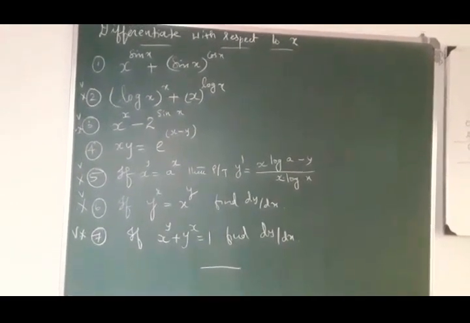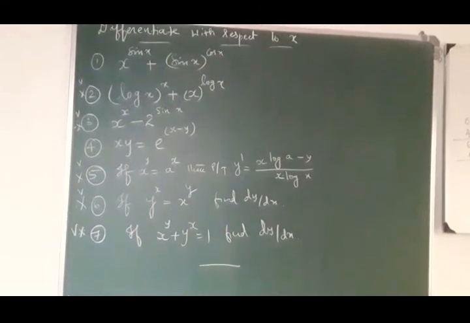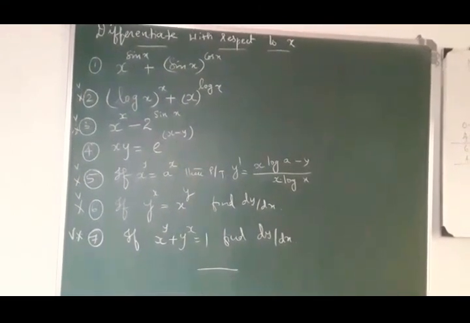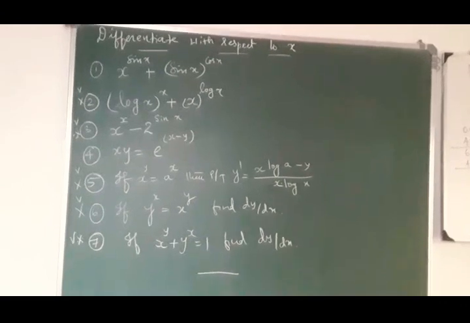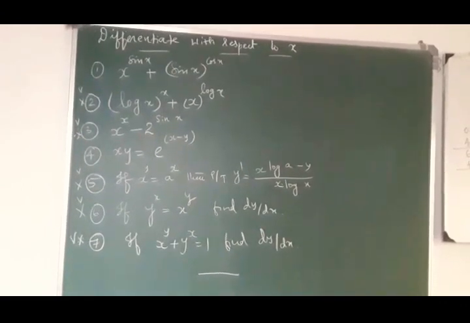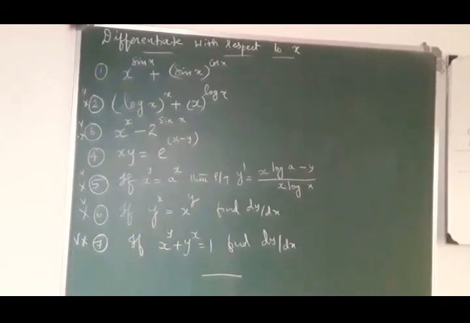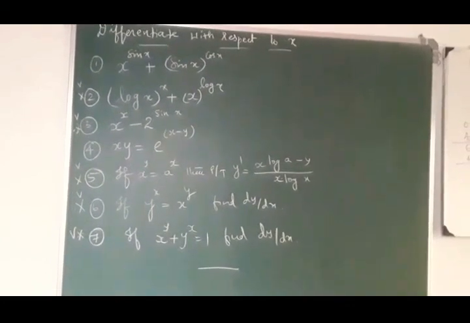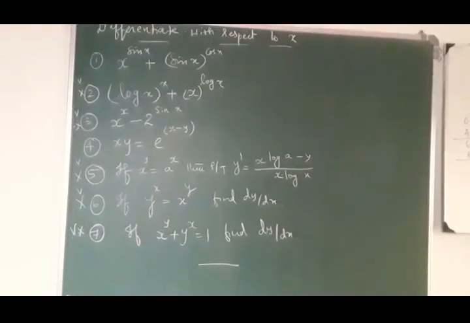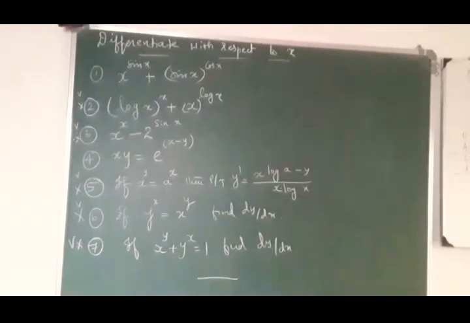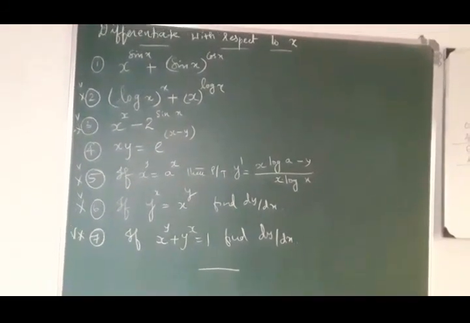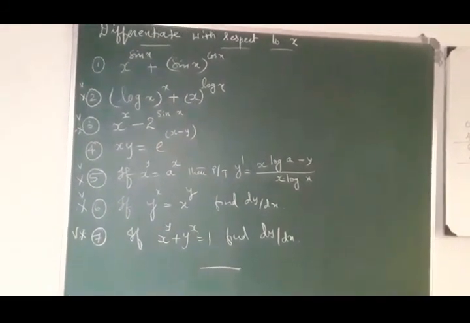Now, fifth question, if x power y is equal to a power x, then prove that y dash, that is nothing but dy by dx, is equal to x log a minus y divided by x log x. Y dash or y1 or dy by dx.